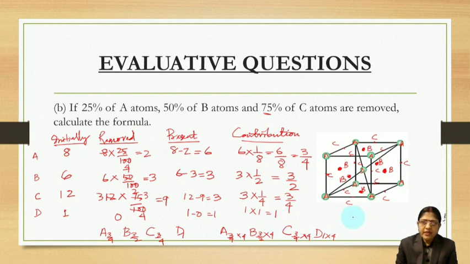So we will get required formula of the cell is A 3, B 6, C 3, D 4. Right? A3, B6, C3, D4. It is the formula of the cell.